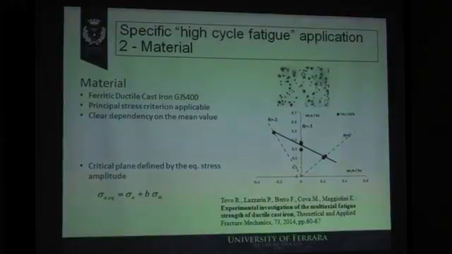So the critical plane is the plane where we have the highest combination of the normal stress amplitude plus a part of the mean value, and the constant B is obviously dependent on the material.